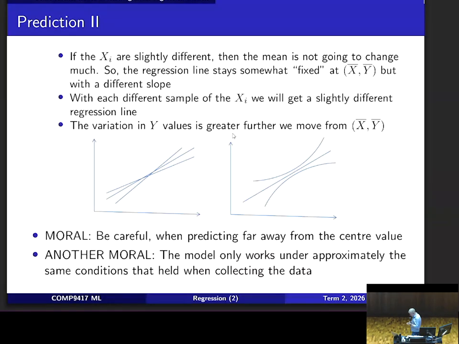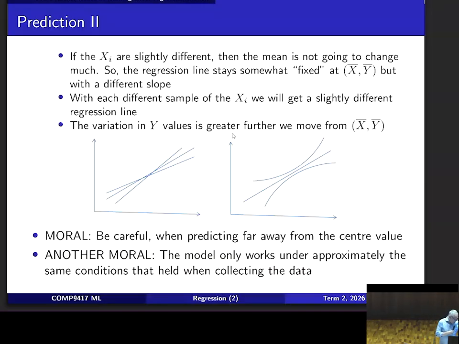The mean of Y is on the line for mean of X. If you move away from the mean of X, then the value of Y should not change too much from the mean. But the gradient, the slope of the line should change. But the further away you move from that mean, the less likely it is to be true.